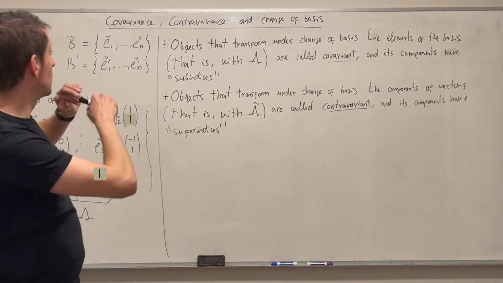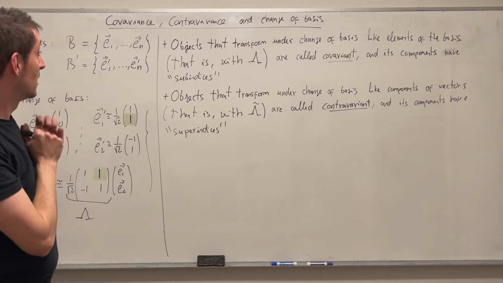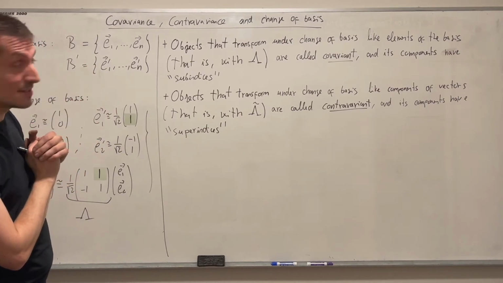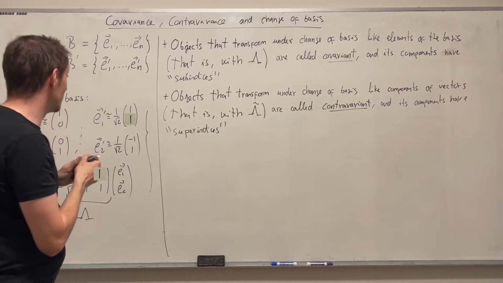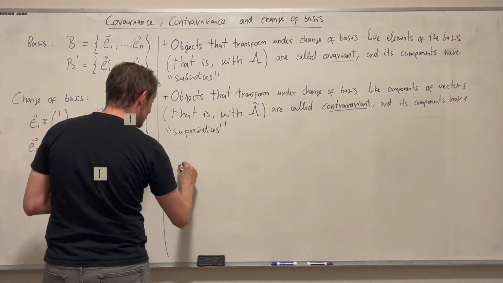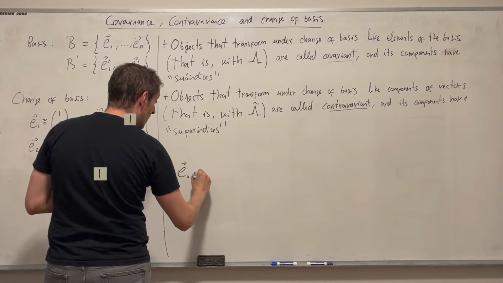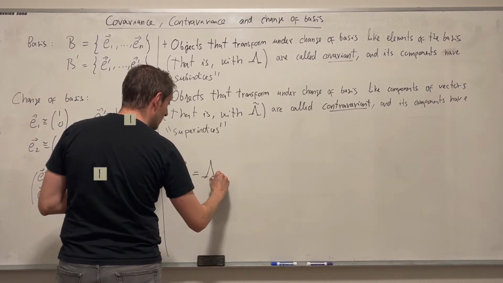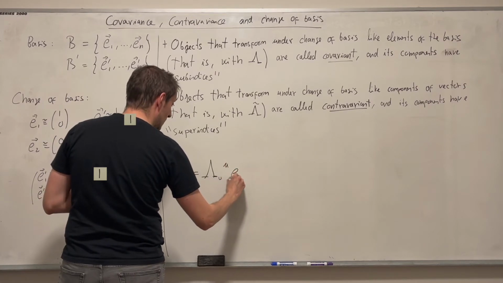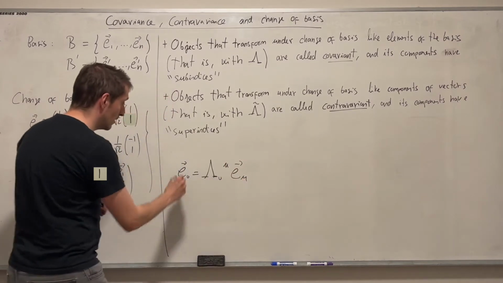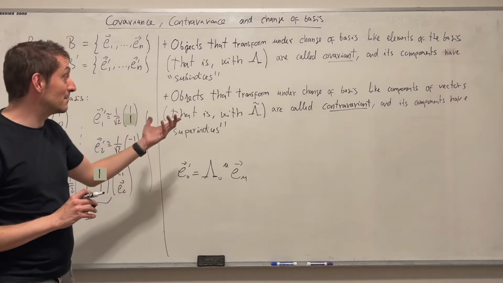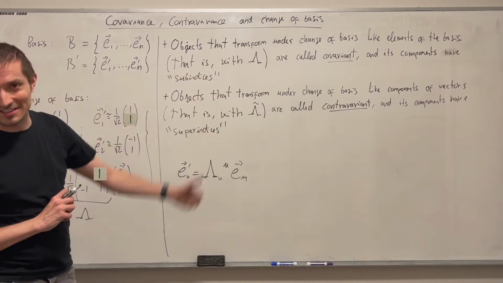Okay, so here's a first definition. Objects that transform under a change of basis, like elements of the basis, that is with lambda, remember that the elements of the basis are e mu prime equals lambda nu mu e nu. So if it transforms on the change of basis with one lambda, we said it's one time covariant.